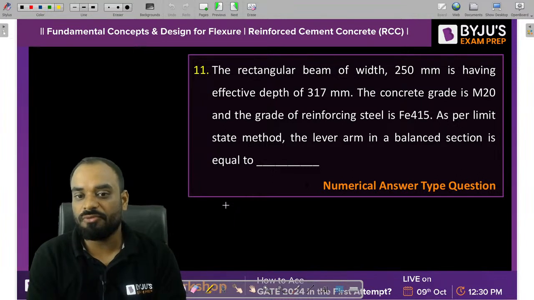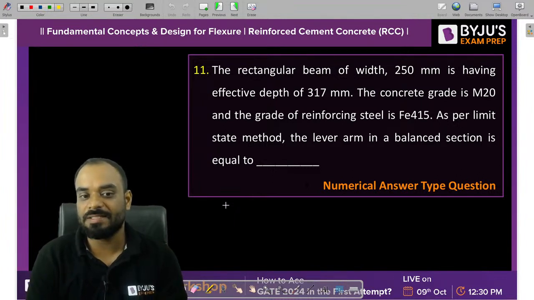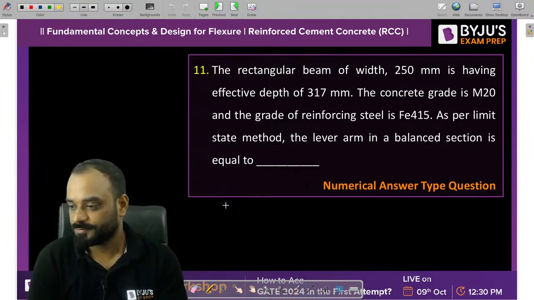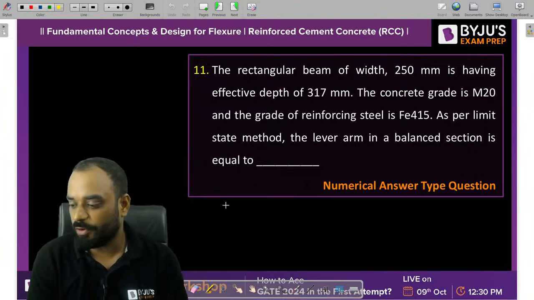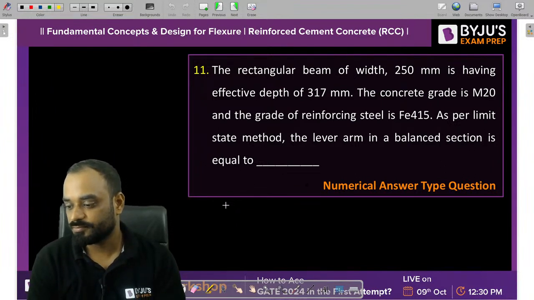What is the value of lever arm in the balanced section? 253.09. Very nice, Santu.